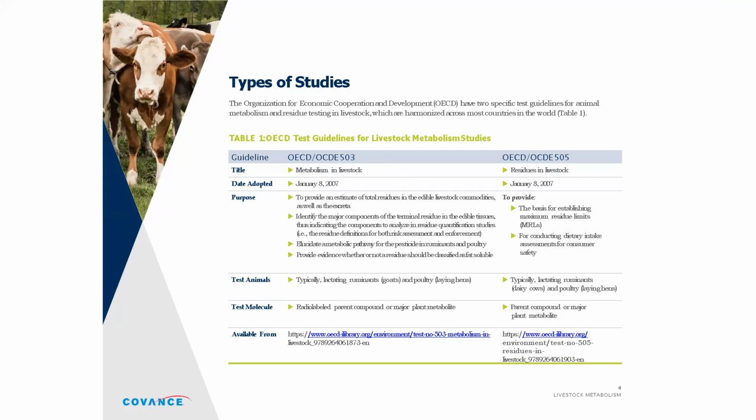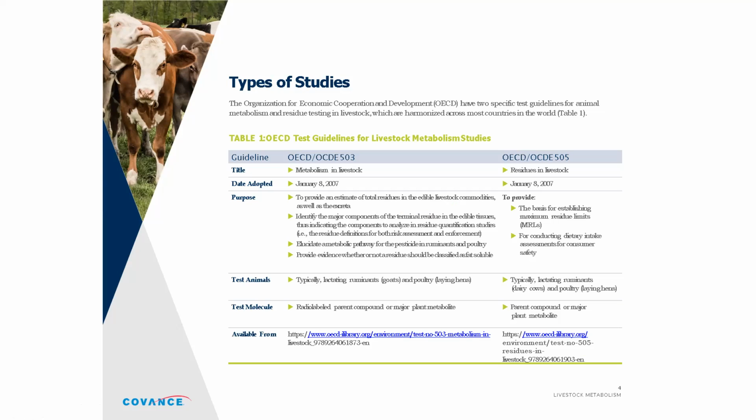The purpose of the first one, OECD 503, is to provide an estimate of total residues in edible livestock commodities as well as other parts, and also to identify the major components of the animal residues in the edible tissues, thus indicating the components to analyze in residue quantification studies.